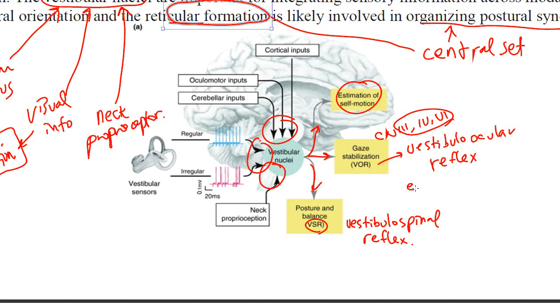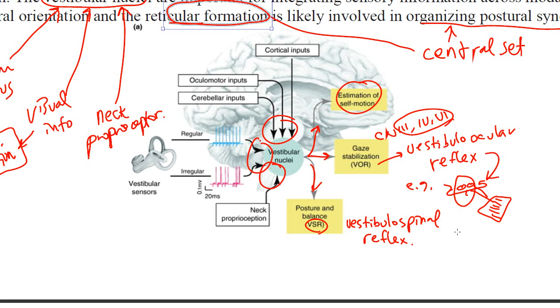So for example, you can hold your lecture note or your laptop and you can actually shake your head left and right. So let's say this is you, and you just shake your head left and right rapidly, and you will still be able to read what's in the note even though your head is shaky. And this is done by vestibulo-ocular reflex.